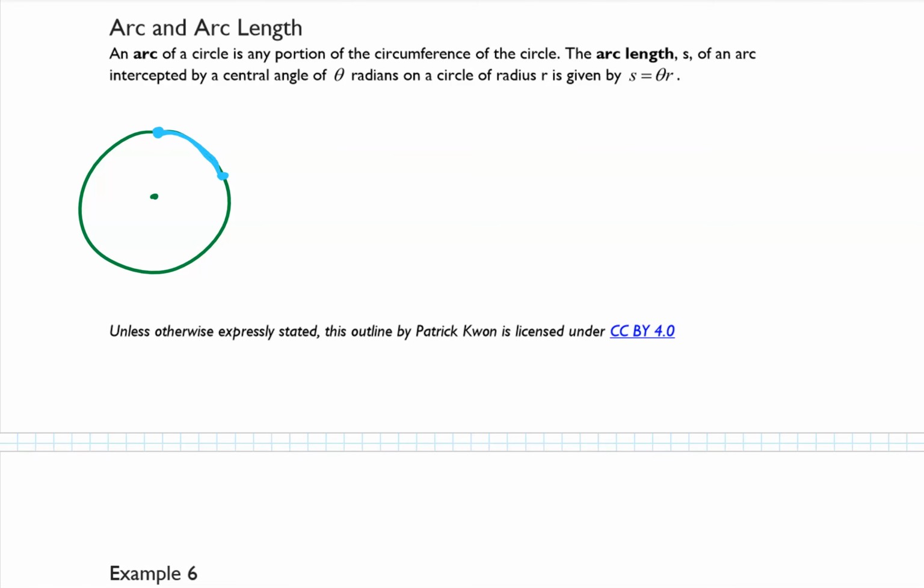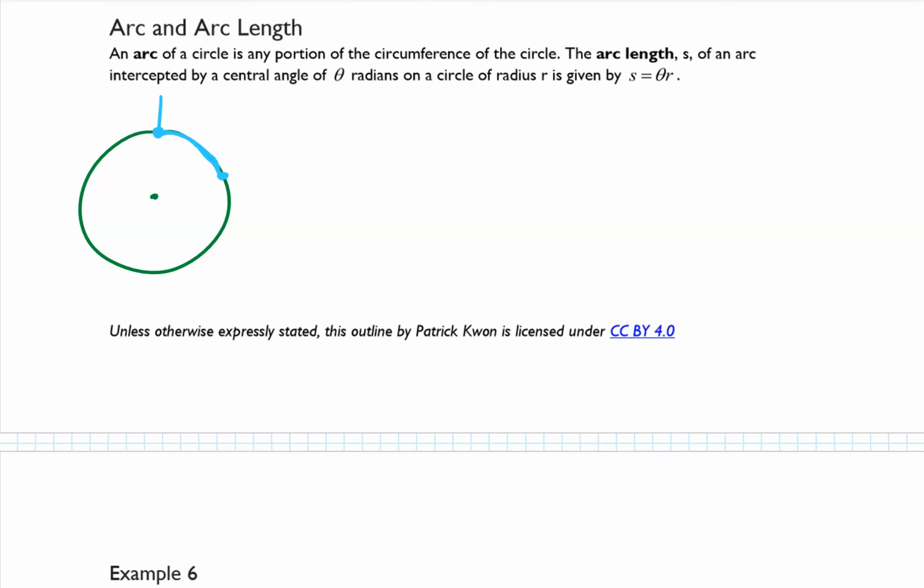would represent the arc. The arc length, s, of an arc intercepted by a central angle of theta radians on a circle of radius r is given by the equation s is equal to theta times the radius.